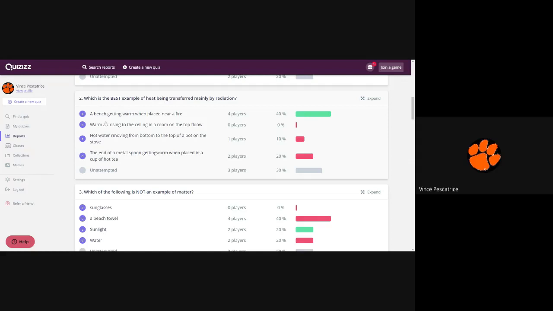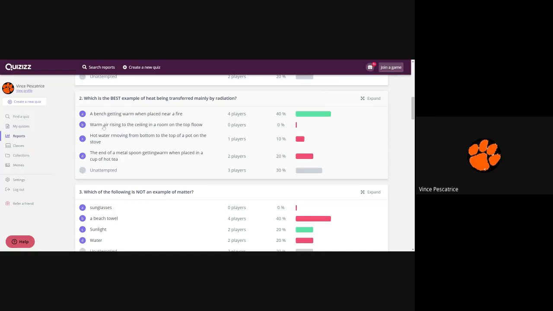A is the correct answer because if you sit near a fire, you can feel the heat coming off the fire. That's getting to you through heat waves. Now, we normally wouldn't get way more into this in the regular school year, but all the other answers are different.